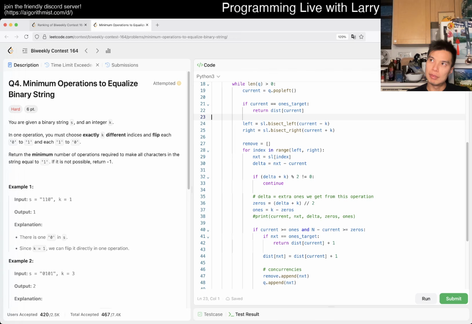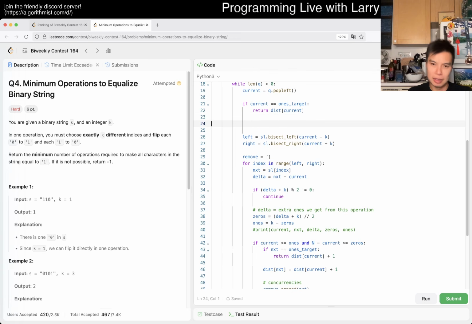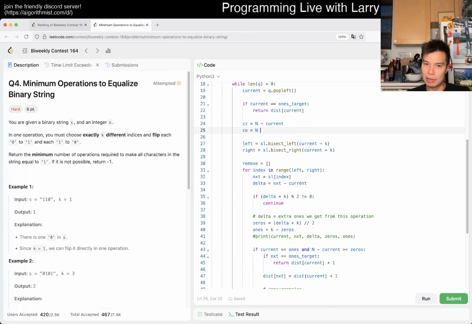So current 0 is equal to n minus current 1 is equal to just current, right? So that means that the max delta is going to be this.